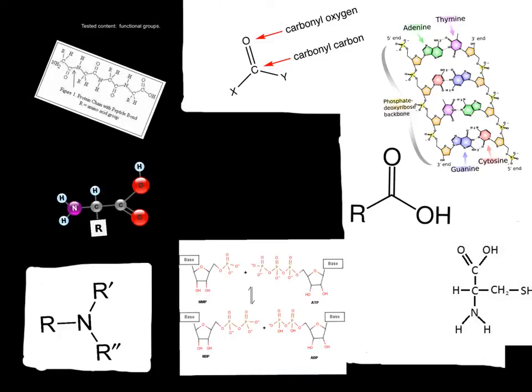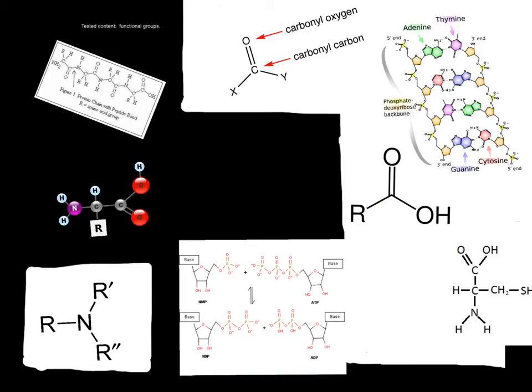Now, this is a tricky thing, and I've explained it a couple times, but it's difficult for a lot of students to understand, and they often forget it. Whenever you see a drawing where there's sticks connected to each other, the junction of the sticks is assumed to be a carbon.